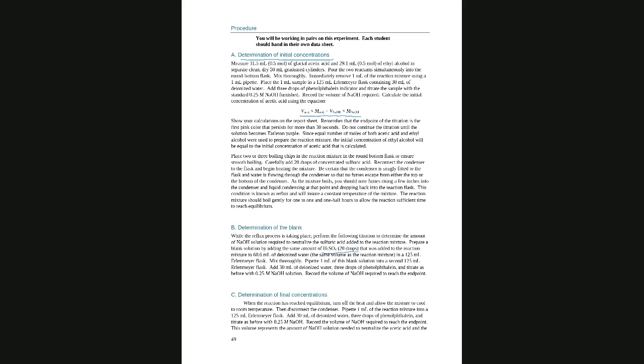But we need a blank because we are not interested in how much sodium hydroxide the sulfuric acid is going to consume. We are only interested in the volume of sodium hydroxide needed to neutralize acetic acid. So then we need to do a blank.